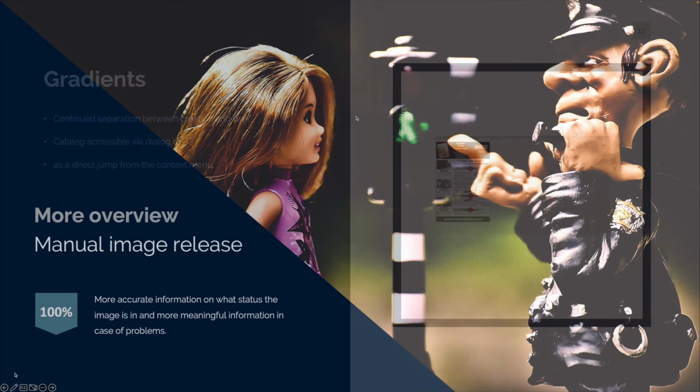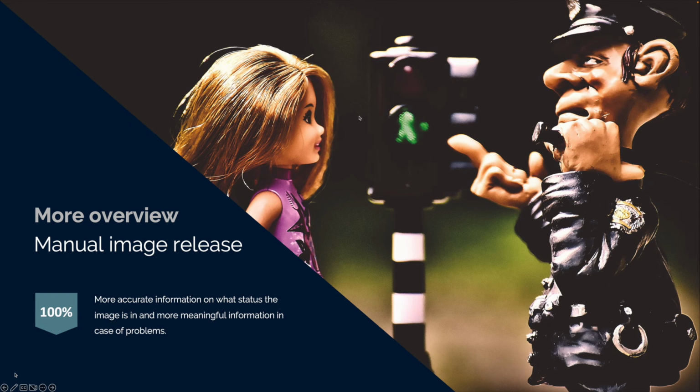In Stylo we have an automatic image workflow to convert RGB pictures, for example, to 4C or to black and white. You have also the option, also in the older version, to make a manual image release.